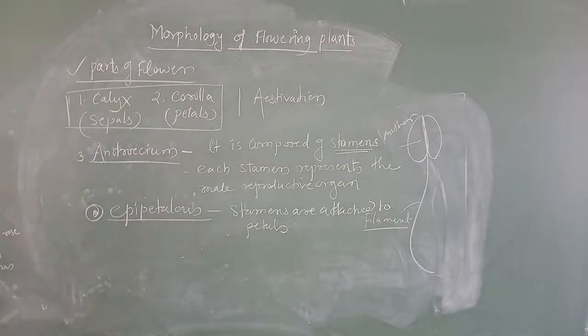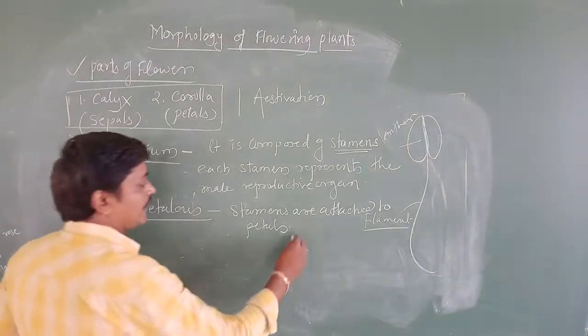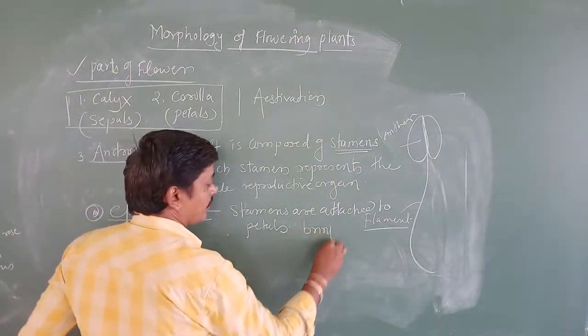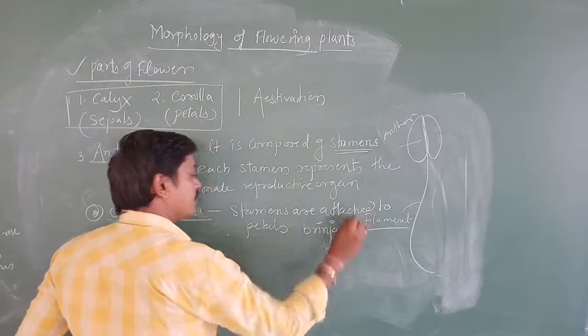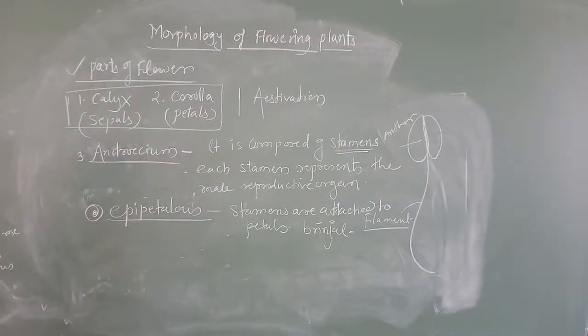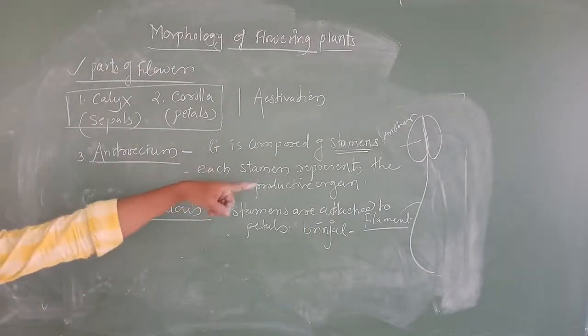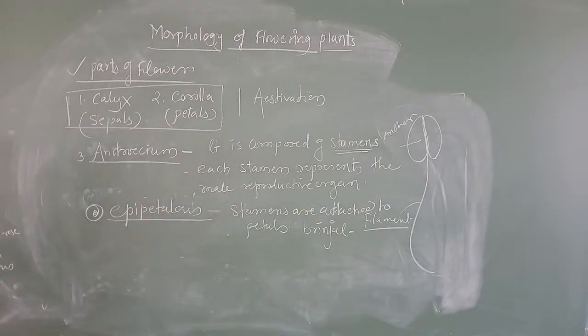Epipetals means the stamens are attached to the petals. An example here we are going to study is brinjal. Brinjal, in the sense, badanekaayi. In brinjal, the stamens that are there are attached to the petals. That is epipetals.